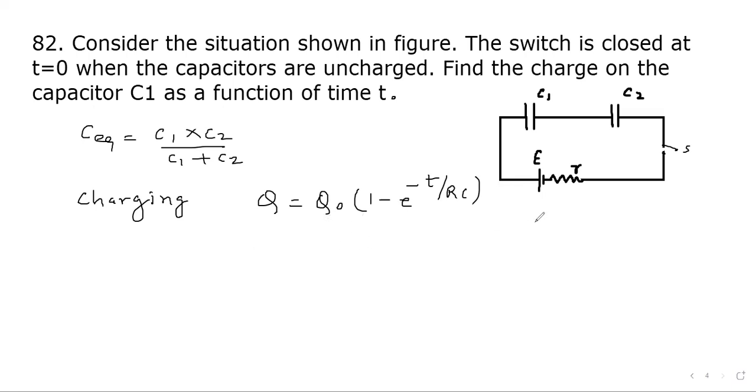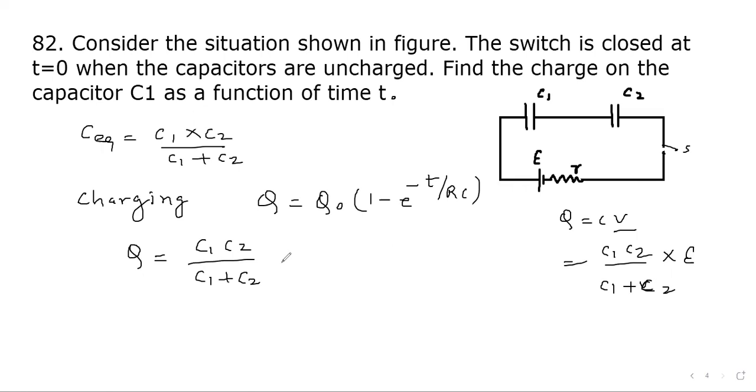So here Q equal to CV we apply. C equivalent is C1 C2 divided by C1 plus C2 times V, the applied voltage or EMF E. So Q equal to C1 C2 divided by C1 plus C2 into E times 1 minus e to the power minus t upon RC. And this is our answer.